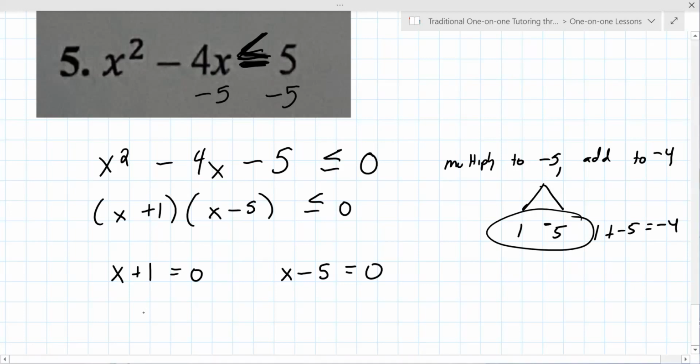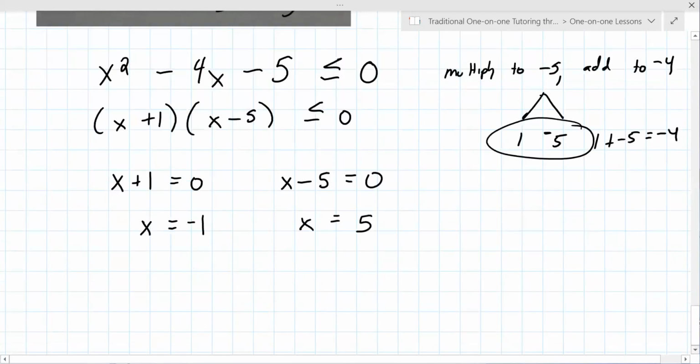Can you give me the x values for each of these? Okay, so the x values for these are -1, that's good, and then 5, perfect.